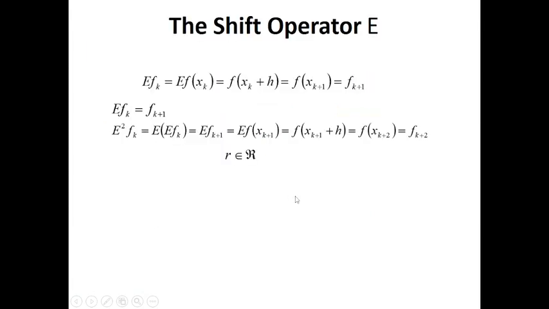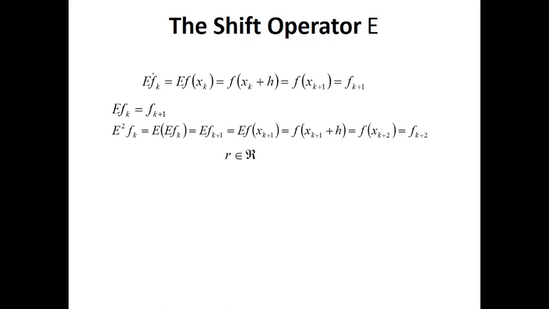So let's now proceed with this topic, the shift operator E. So we have this operator E, when we introduce it to a function. So in here we have e to the 1 or e. This is called the first shift of the function. The first shift of the functional value, okay?